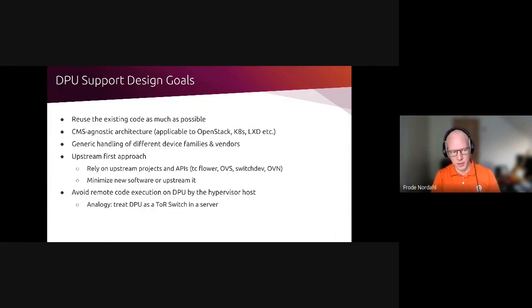There are still VFs, there are still virtual machines, and it's Open vSwitch that does the offload and things like that. We also wanted to be CMS agnostic because while we're implementing this in OpenStack first, because that's where we have the largest user base, it's also interesting for Kubernetes users and users of LXD.